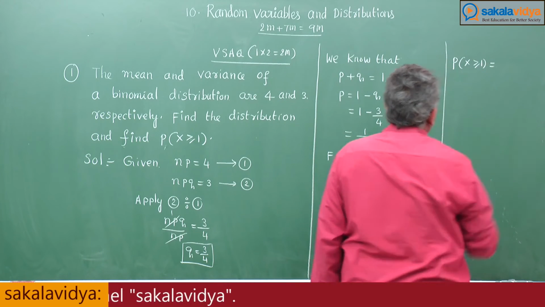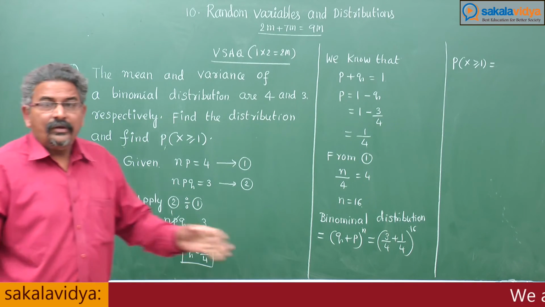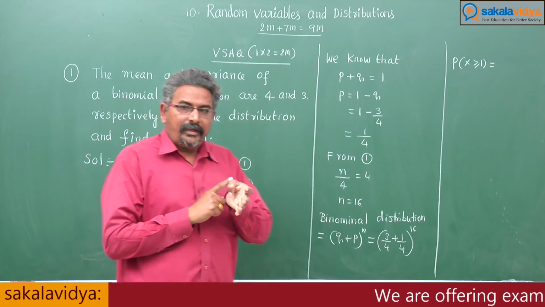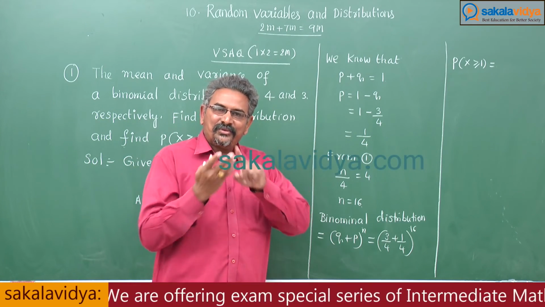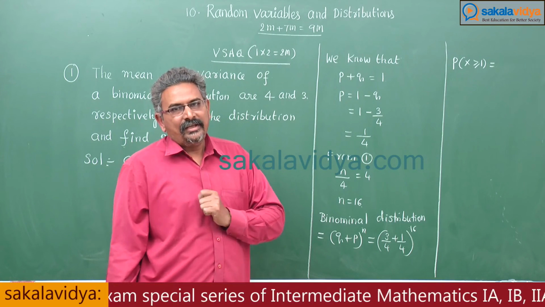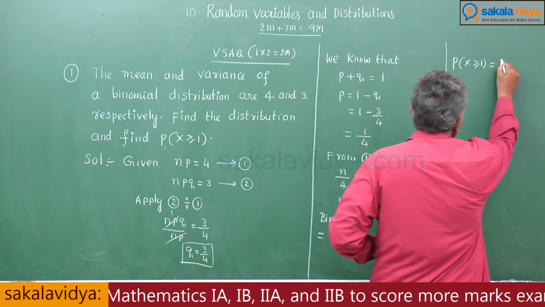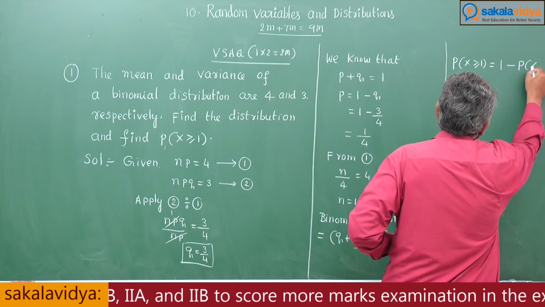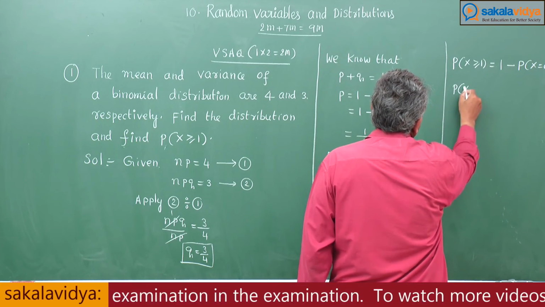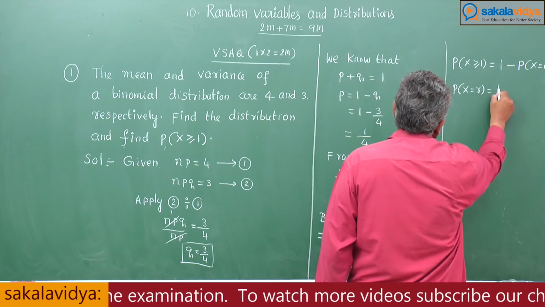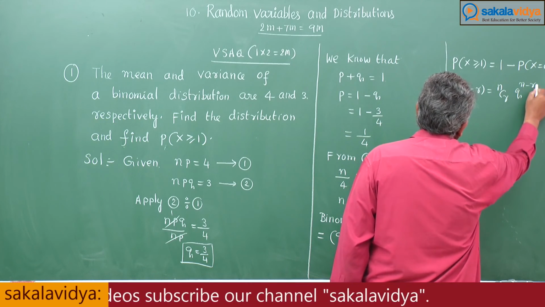I already told you P of x greater than or equal to 1 means, you see, very lengthy: getting 1, getting 2, getting 3, up to getting 16. Can you find it that way? No. So you have to do it in an indirect manner. That is the probability of getting at least 1, that means 1 minus P of x is equal to 0. We have one formula: P of x equal to r is given by nCr q to the power of n minus r, p to the power of r.